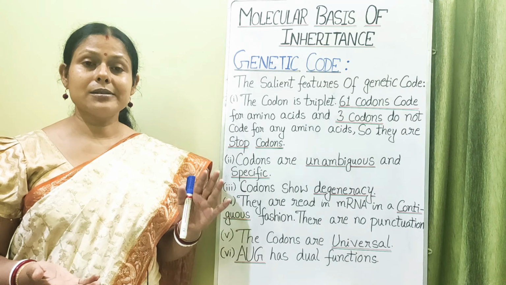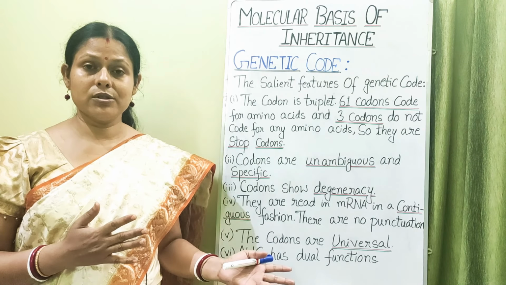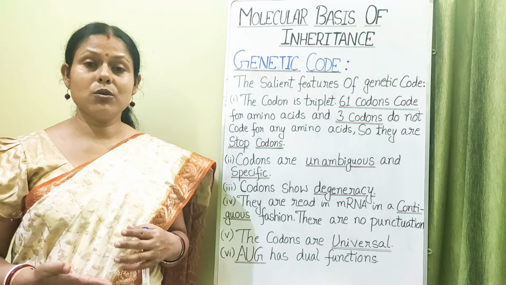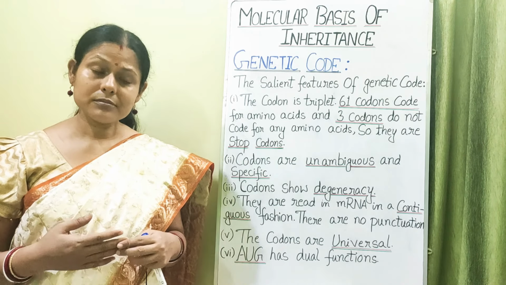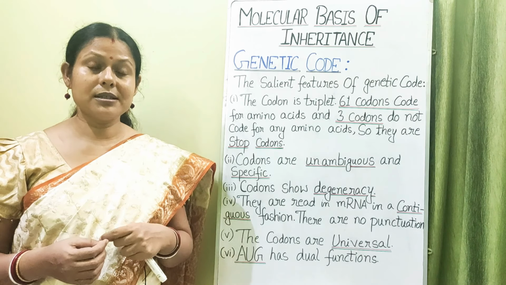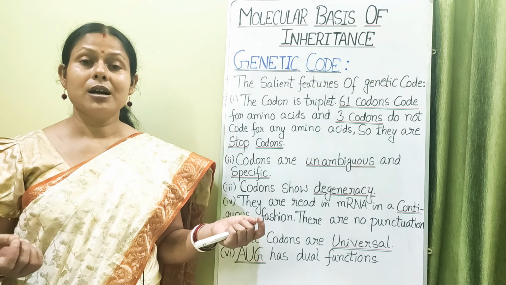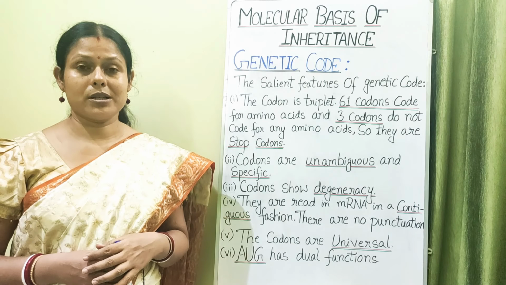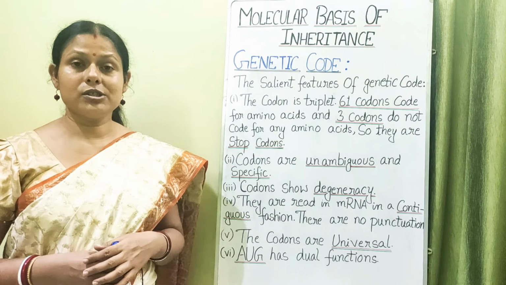Ultimately, 64 combinations of nucleotides were responsible for decoding, that is, synthesizing the polypeptide chain with a combination of the 20 amino acids present in the cell cytoplasm. So that's it about the genetic code.